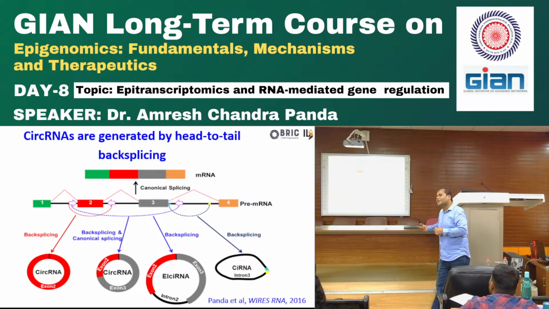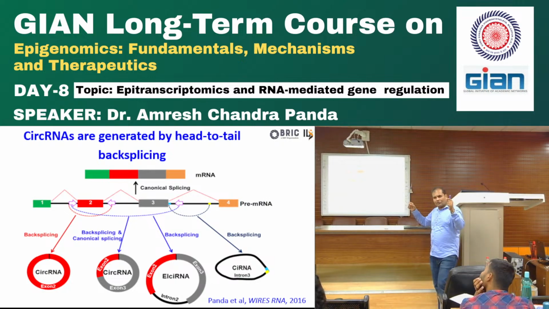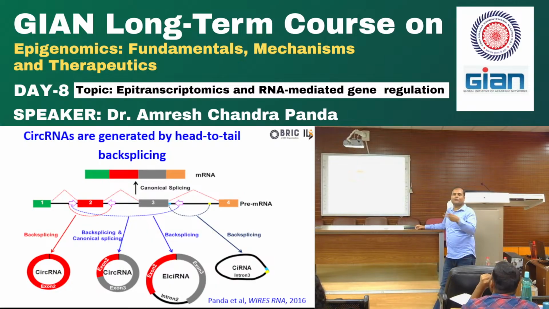And sometimes 2 exons join, and the middle intron also stays with the exon, and you have exon intron circRNA. So from one gene you can have multiple circular RNAs. Okay, so how many genes do we have?